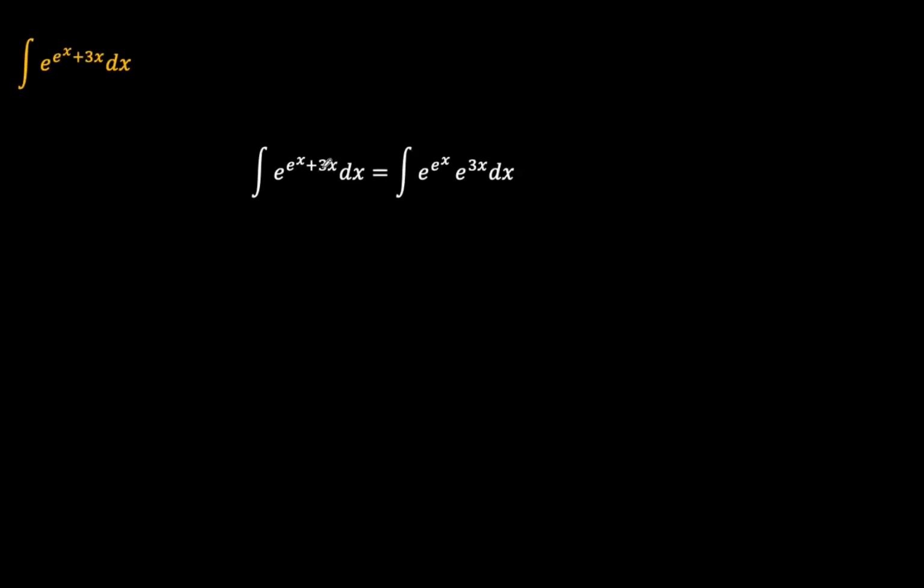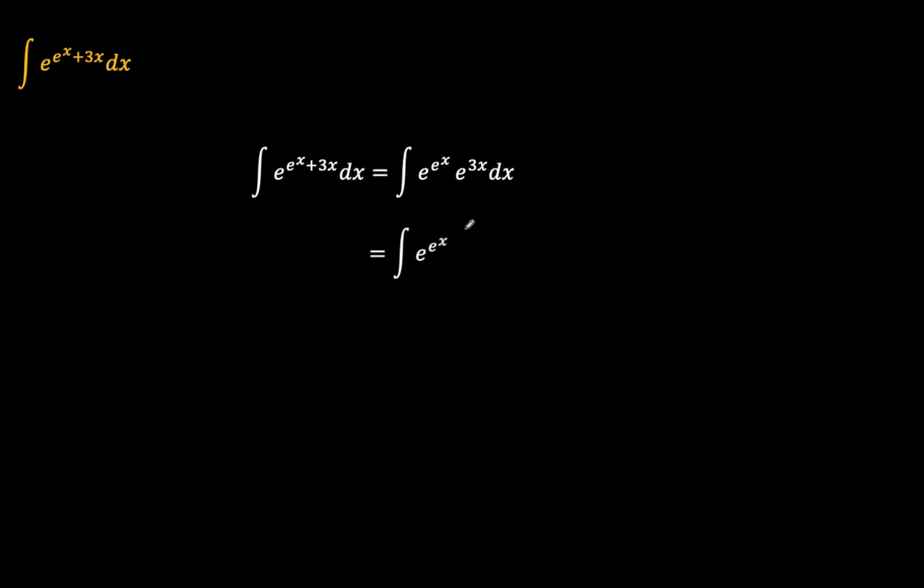When you have addition in the powers and the same base, that's the same as the multiplication of the base to the power of one part and the same base to the power of the other part that is being added. So here, e to the power x plus 3x is the same as e to the power x times e to the power 3x.